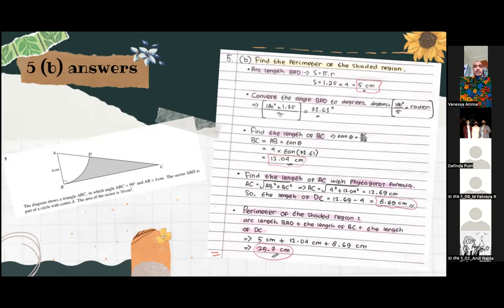In the second step, what you did was convert the angle BAD to degrees. This is not needed, but just like I said, this is not a mistake, just not really needed. You don't have to convert to degrees first, you can use radians directly. My suggestion is that it's better not to convert.